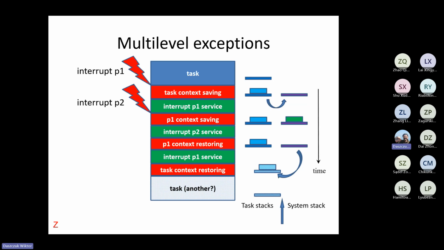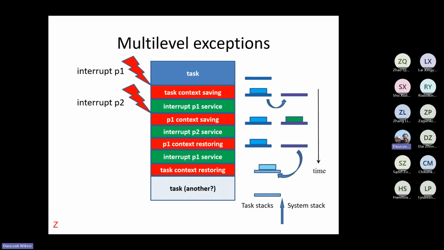We serve the P1 interrupt, and a second interrupt comes. It saves the state of P1 service on the system stack, because the current stack is now the system stack. P2 is served.